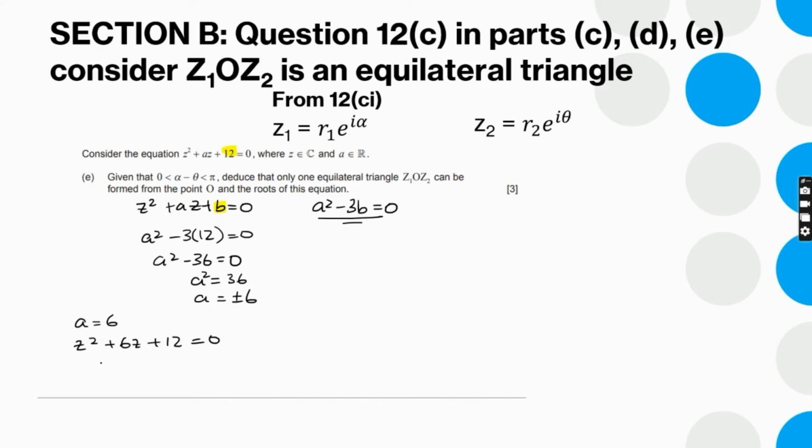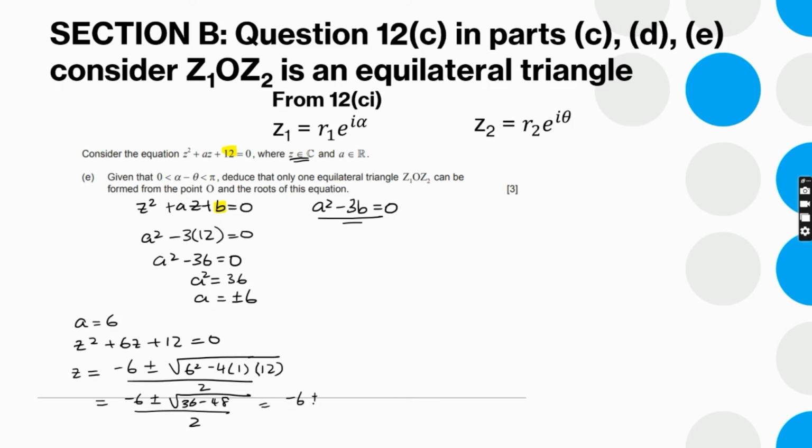I'm going to use the quadratic formula to solve because this is a complex number, so it's unlikely that it can be factorized. So z equals minus 6 plus or minus the square root of 6 squared minus 4 times 1 times 12, over 2. So I get minus 6 plus or minus the square root of 36 minus 48, over 2. That's minus 6 plus or minus the square root of minus 12, over 2.